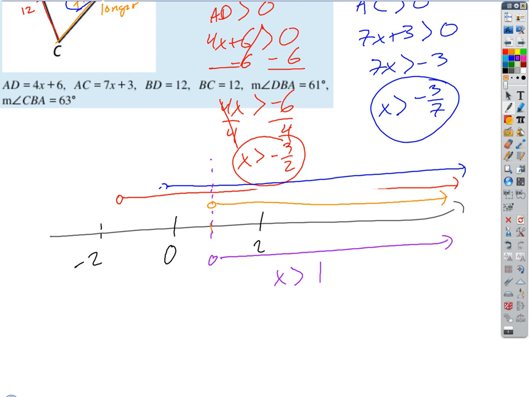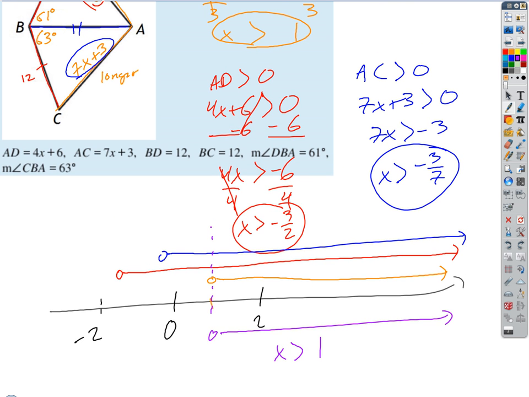If you think about these 3 restrictions that we got here, these 3 inequalities: X is greater than 1, X is greater than -3/2, and X is greater than -3/7. When we're trying to come up with our solution, the one that's going to work in all cases, we have to just pick the one that's the most restricted, right? Doesn't it make sense that if I have values of X that are greater than 1, they're obviously going to be greater than a negative number, right?